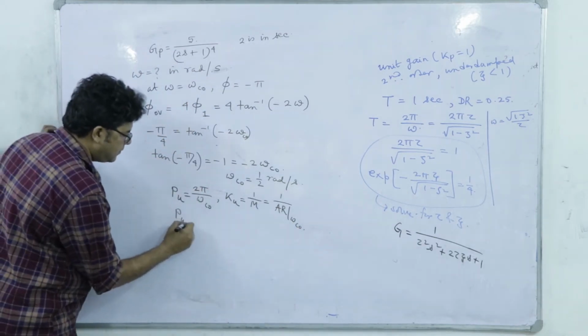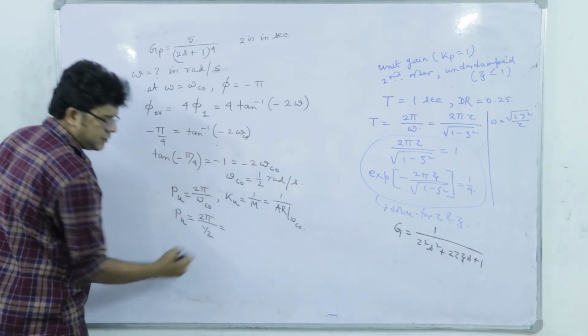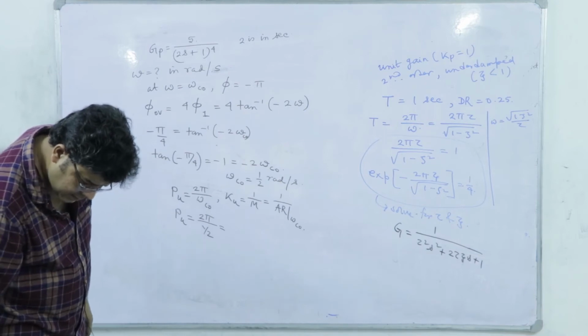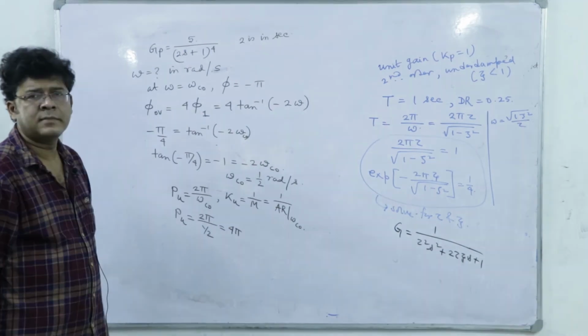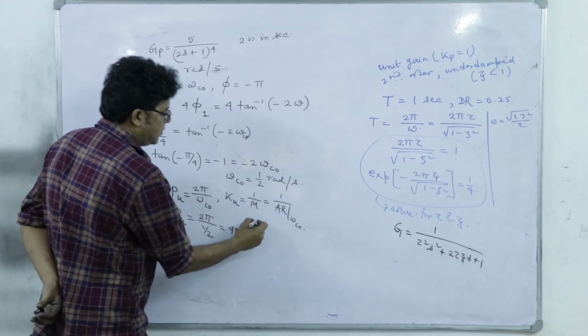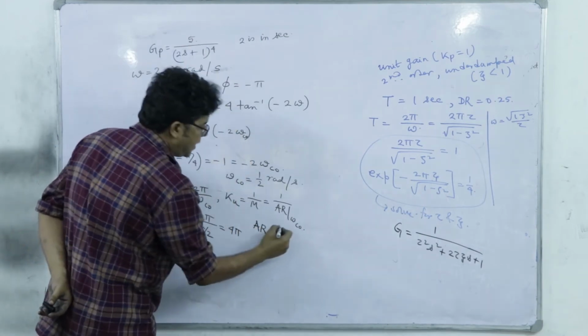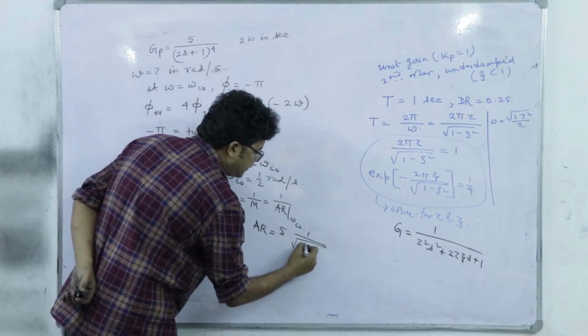So, Pu is 2 pi divided by half. So, it is typically 4 pi.